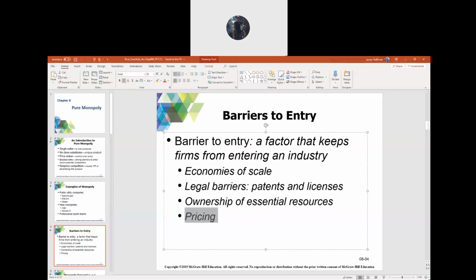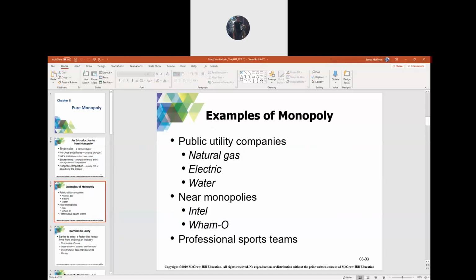Okay, so the point is that there's one firm here selling the good or service, making it a monopoly, and there are other barriers that prevent other firms from coming into this market and competing with the monopolist. There are different barriers, but it can be any of these things or any number of other things. Most of these monopolies you're familiar with are public utilities, even though I think Edison is a private company. A lot of times, for whatever reason, they own the rights to sell that good or service in the area.